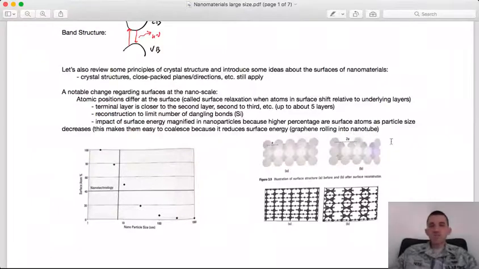And they're going to have these unfilled bonds. The surface relaxation extends beyond the terminal layer, so there's a range over which the atomic spacing and arrangement is slightly different, and it extends into the bulk about 5 layers.